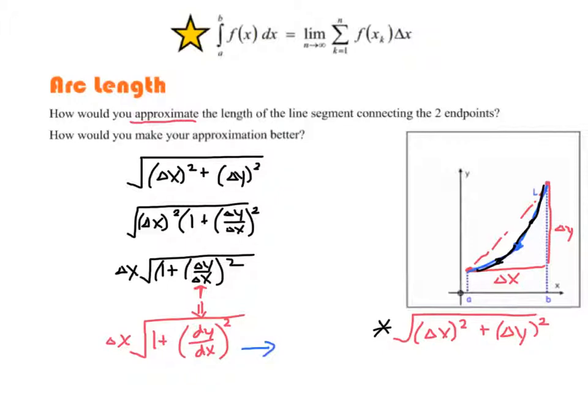So this arc length formula is the integral of the square root of 1 plus the derivative squared dx. It really is just a sum of an infinite number of Pythagorean theorems.